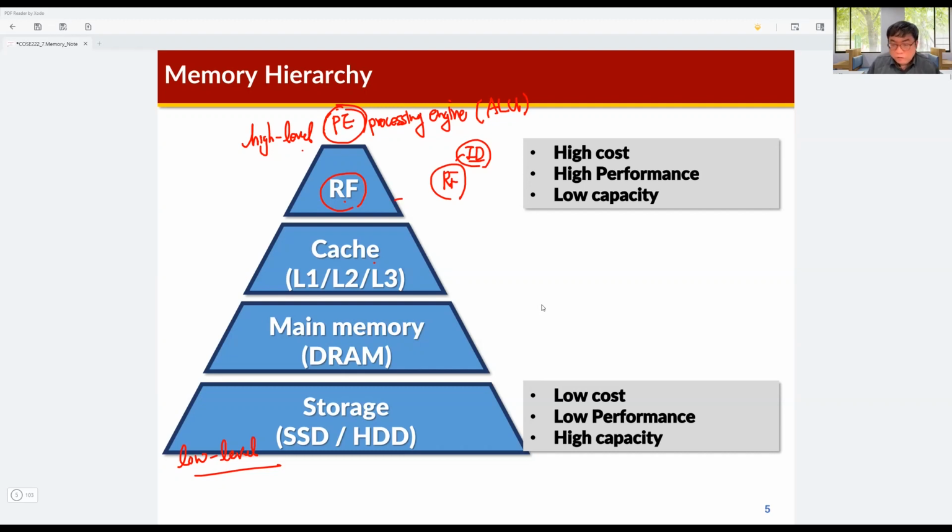Then we do not learn about the cache, but I believe some of you already know about different levels of cache, L1, L2, L3 caches. Usually the size of the L1 cache is small, and the size of the L3 cache is large. But compared to the main memory, the cache size is small. But cache is faster than memory.